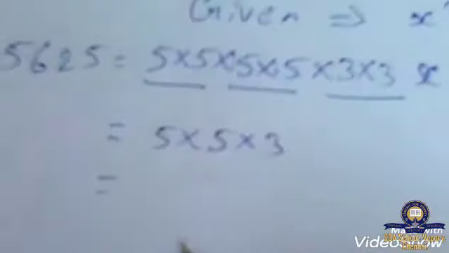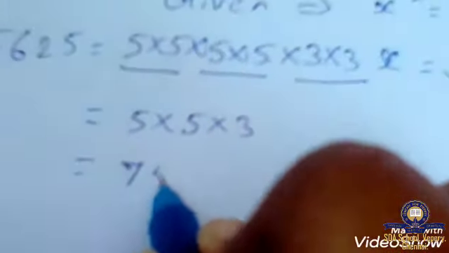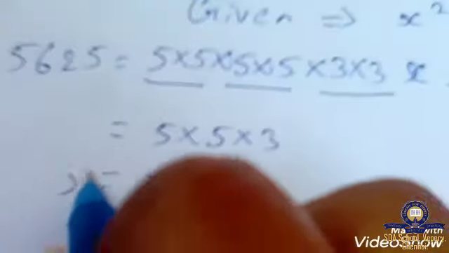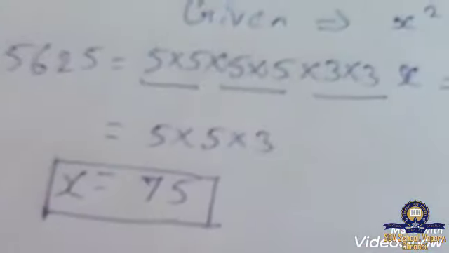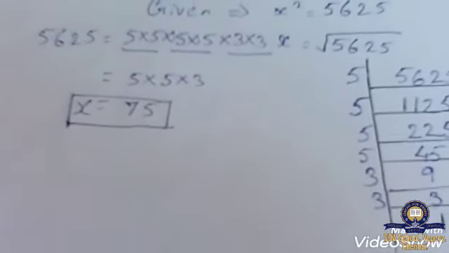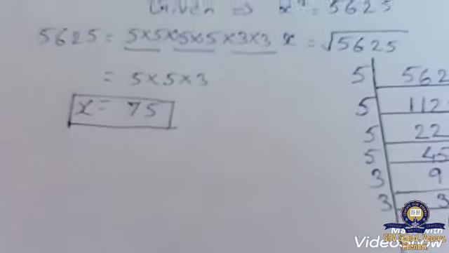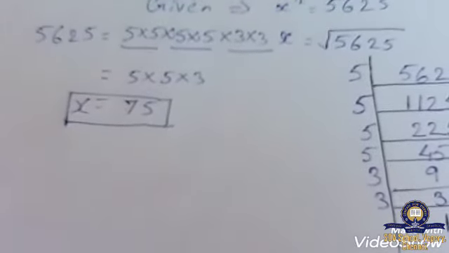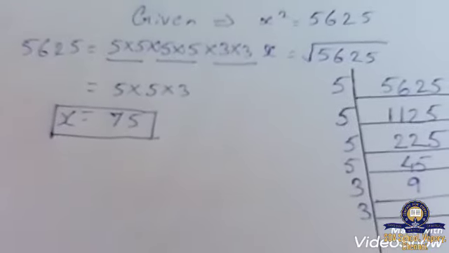So 5 5s are 25, 25 into 3 is 75. So the x is 75. So now I hope you all understand how to use the prime method to find the perfect square. So let me move to the next topic.